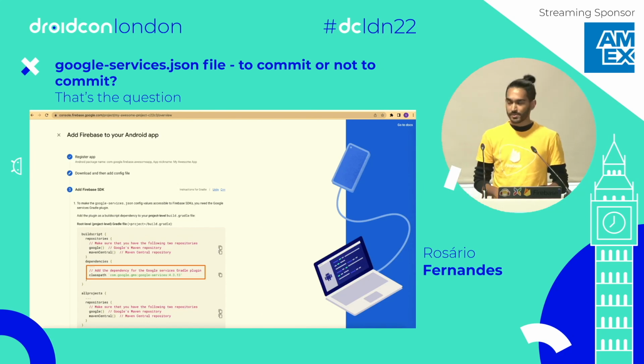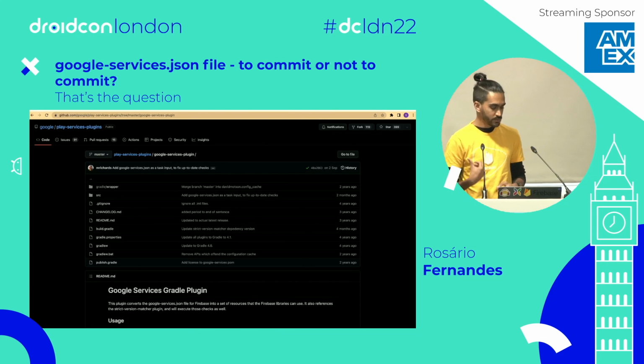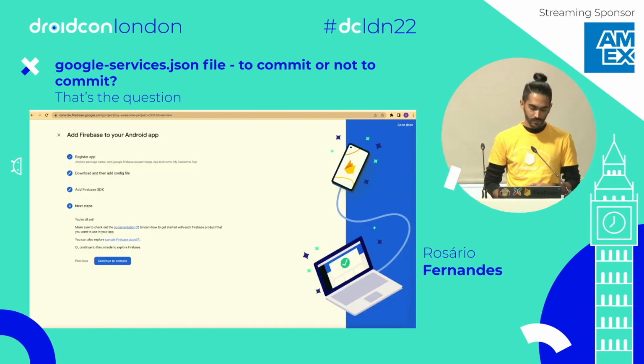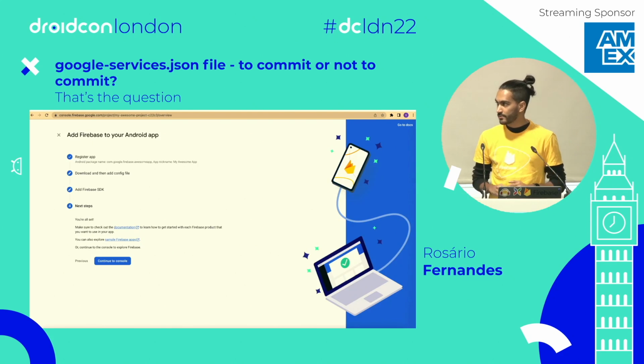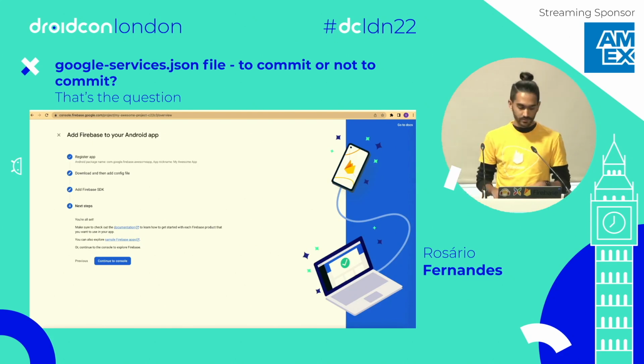If you're curious about what exactly is happening behind the scenes, the plugin is actually open source. You can check it out on GitHub and see exactly what the plugin is doing. But okay, going forward, you just finish the initialization. You're all set.